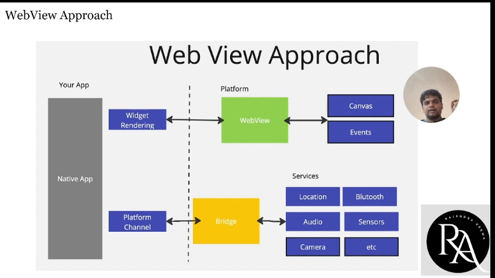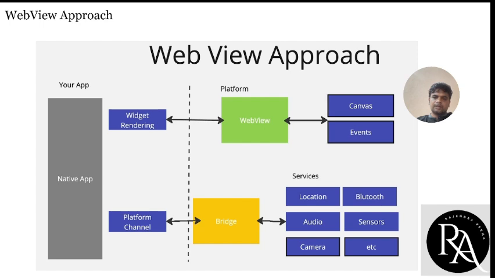Now I am talking about the web view approach. As I described above, the web view approach was used in web app development and hybrid app development. In both cases, the widgets get rendered with the help of an intermediate called the web view, and that widget draws into the canvas of the platform.